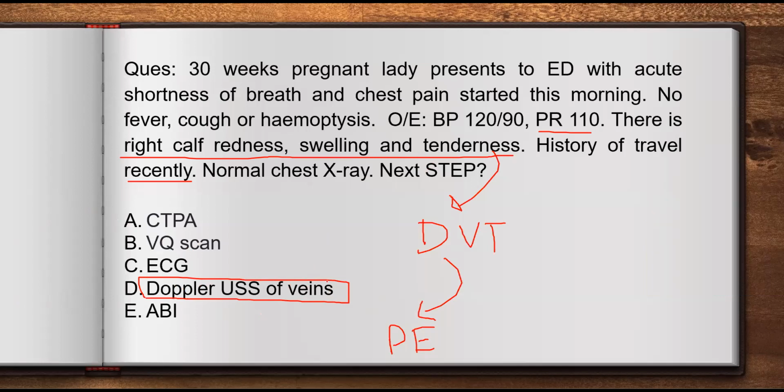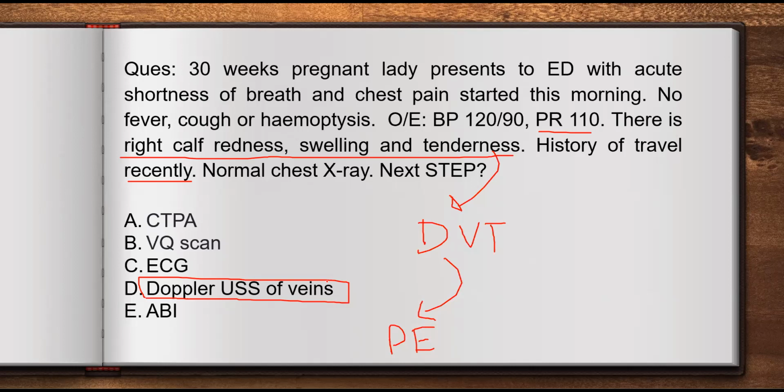People just think that, well, Doppler is here, let's do a Doppler. But they're talking about arterial Doppler. What will arterial Doppler give you? When we do an arterial Doppler, guys, yeah, peripheral vascular disease. So if you're thinking about peripheral vascular disease, then you do an arterial Doppler. But you are thinking deep vein thrombosis. So the name is here, deep vein. So you need to do a duplex or Doppler ultrasound of the vein.